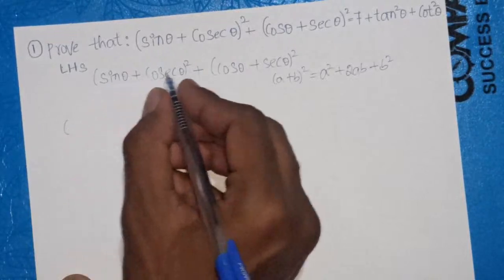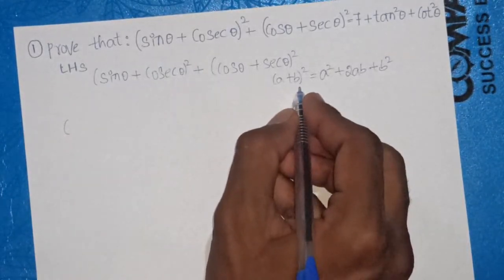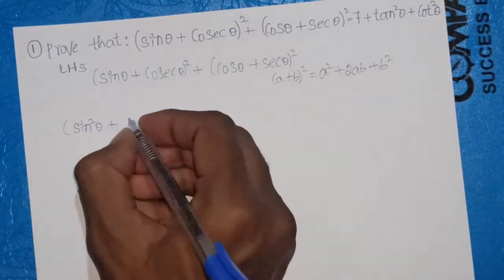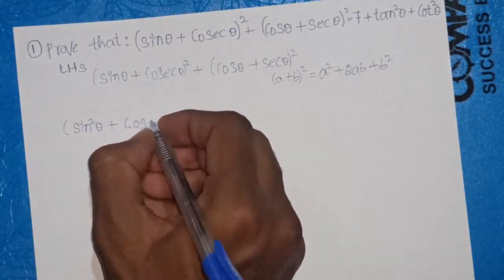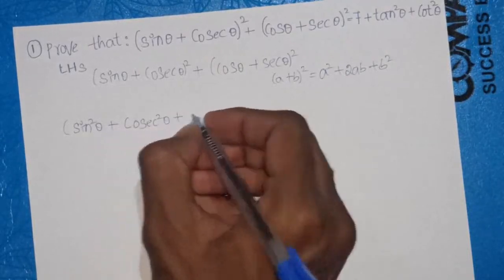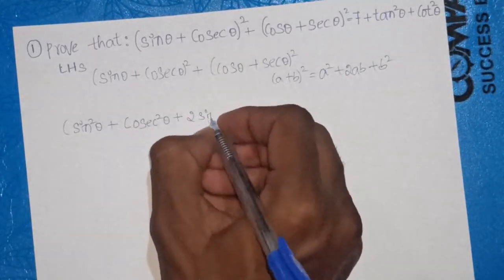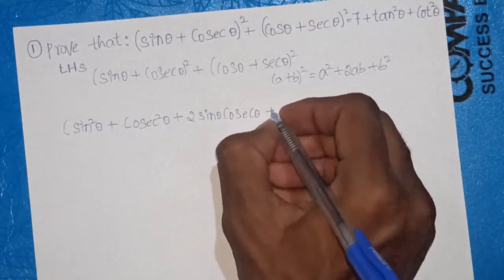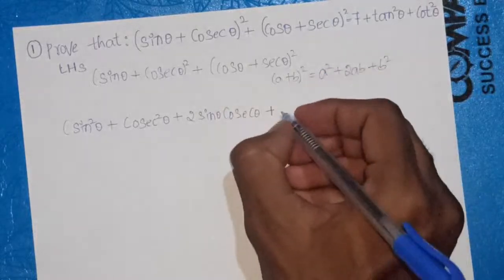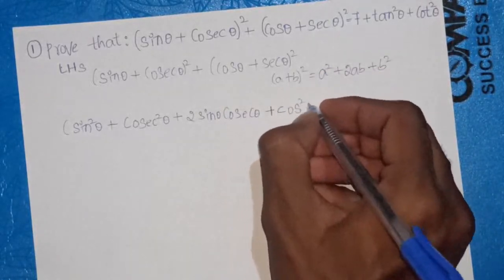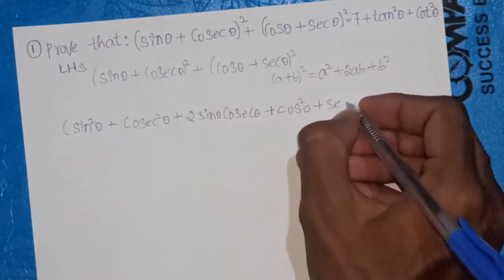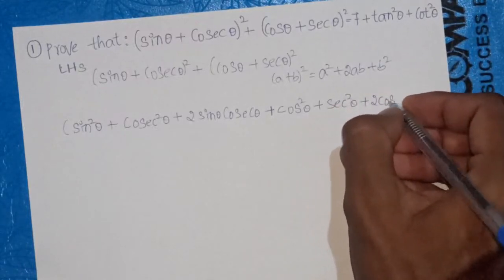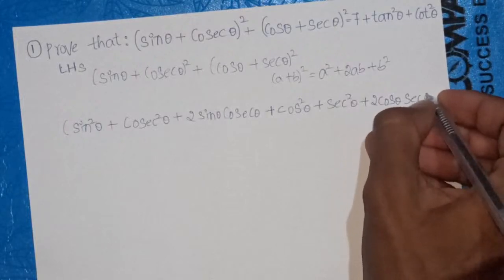So converting this in the form of (a plus b) whole square will give us sin square theta plus cosecant square theta plus 2 sin theta into cosecant theta plus, even we need to convert this, cos square theta plus secant square theta plus 2 cos theta secant theta.